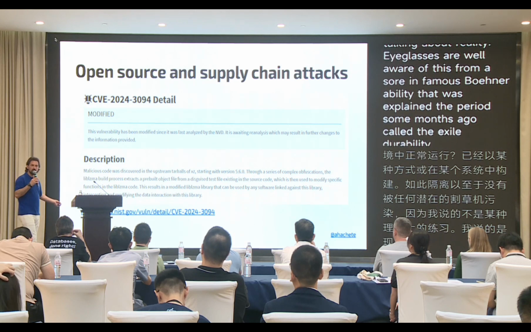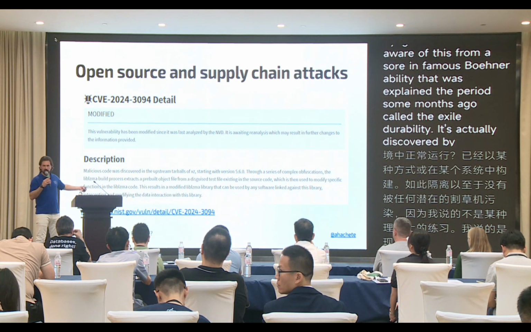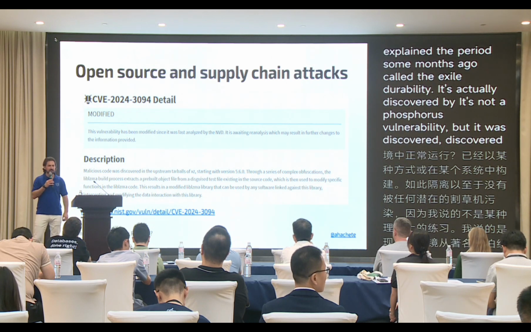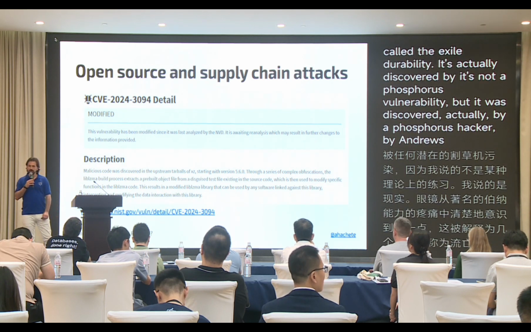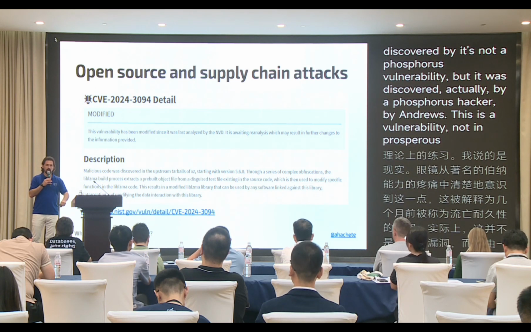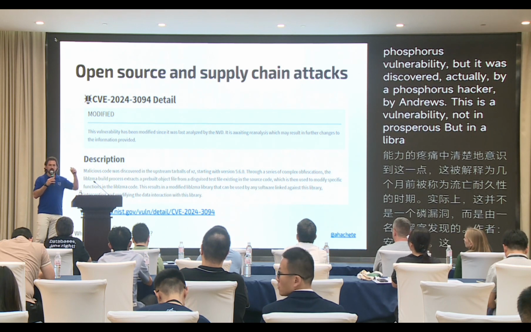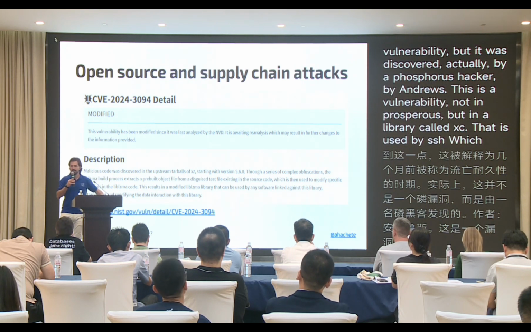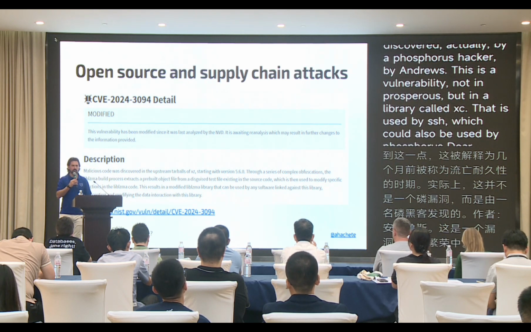It's not a Postgres vulnerability, but it was actually discovered by a Postgres hacker, Andres. This is a vulnerability not in Postgres, but in a library called XZ that is used by SSH, which could also be used by Postgres directly or indirectly.